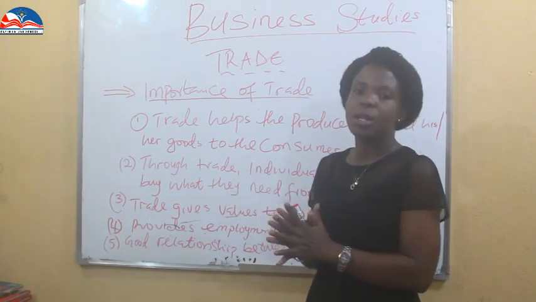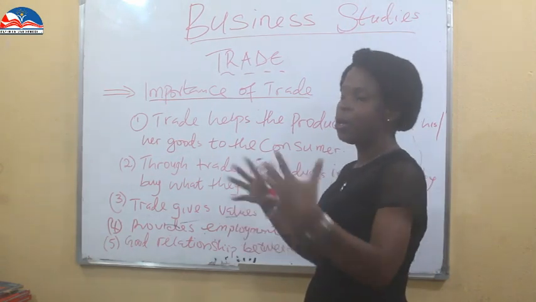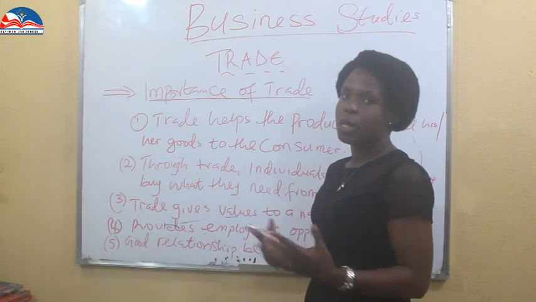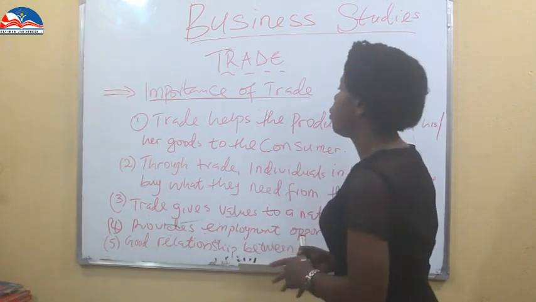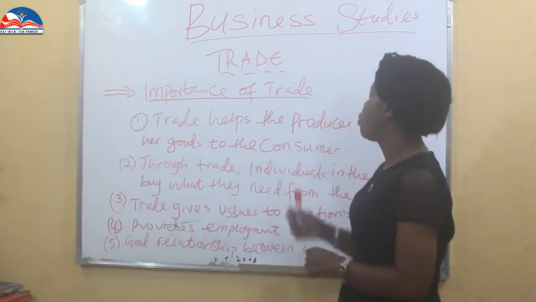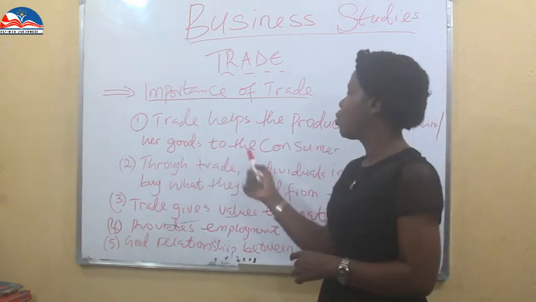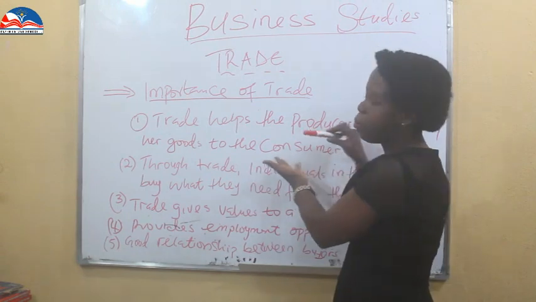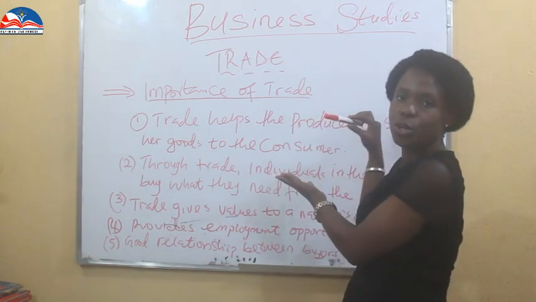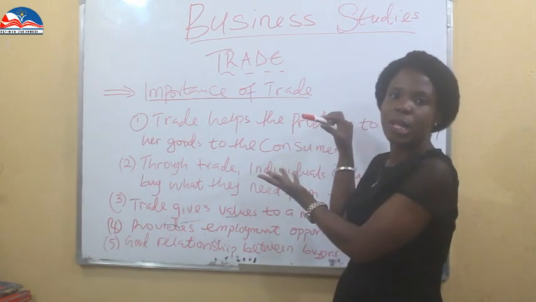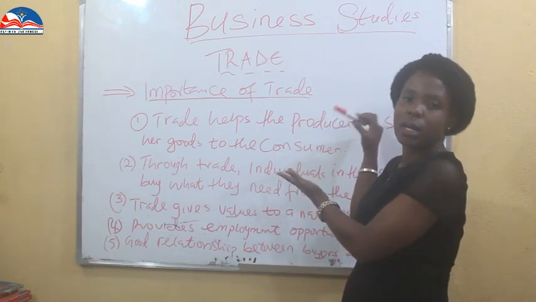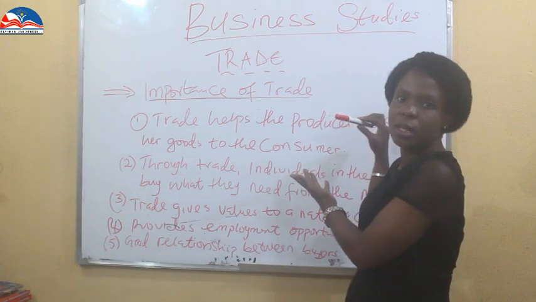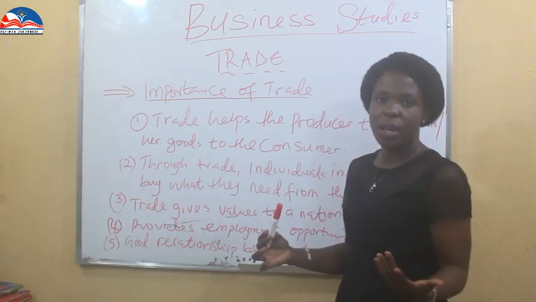I'm just going to deliberate on these five. There are a lot of importance that trade can give to us. First, trade helps the producer to sell his or her goods to the consumer. And in this process of buying and selling, profits are made on the side of the seller, and satisfaction is gained on the side of the buyer.